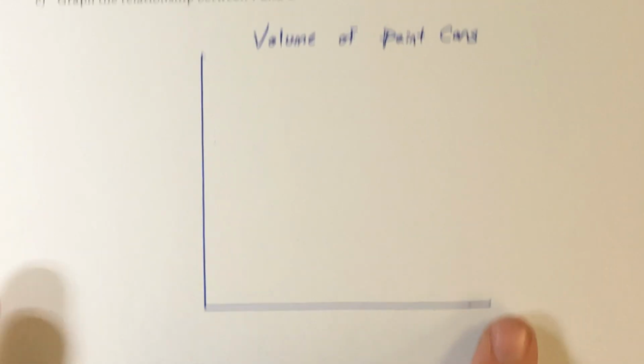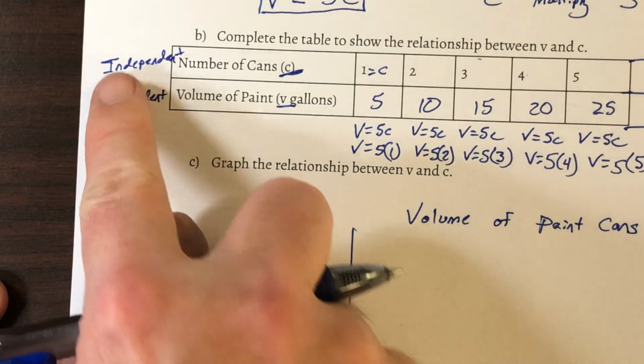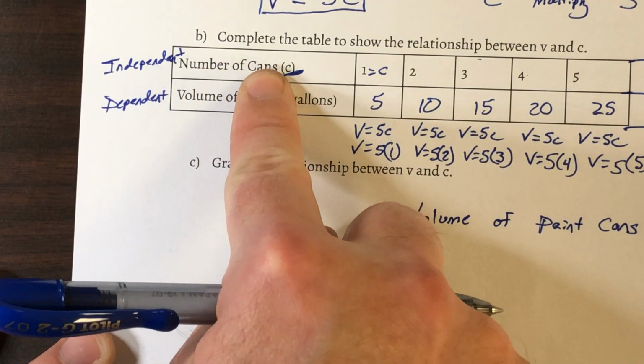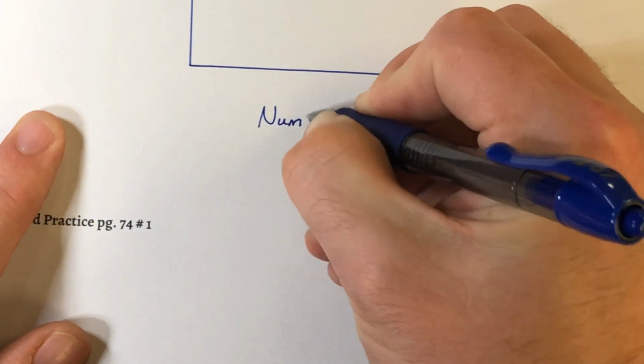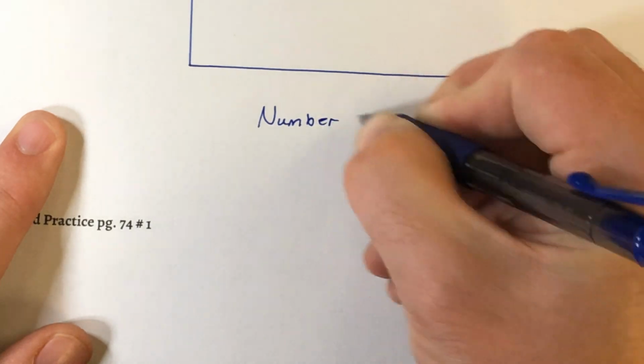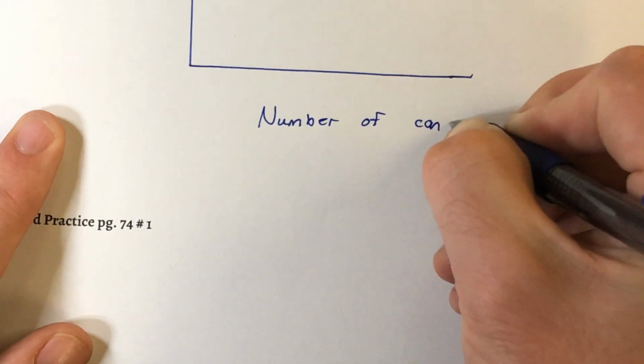Next, let's do our x-axis title and y-axis title. So our x-axis title, this is your independent variable. So the independent variable is number of cans. So number of cans, leave room for your numbers, goes down here.